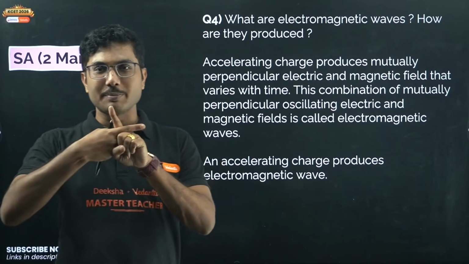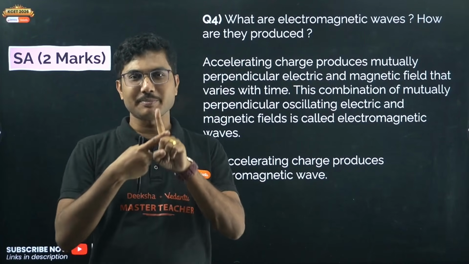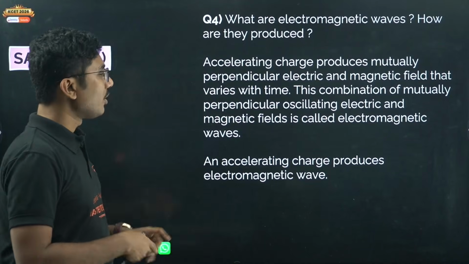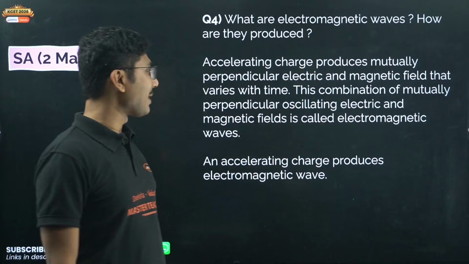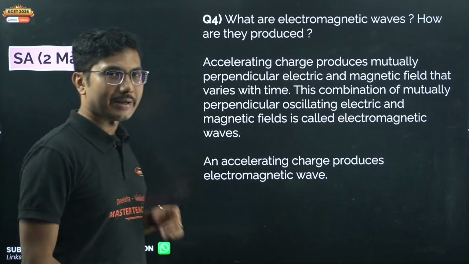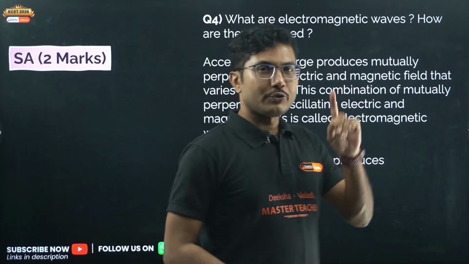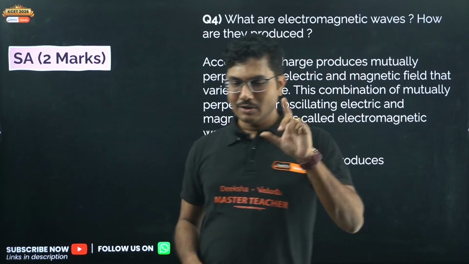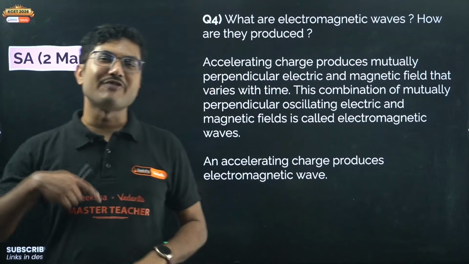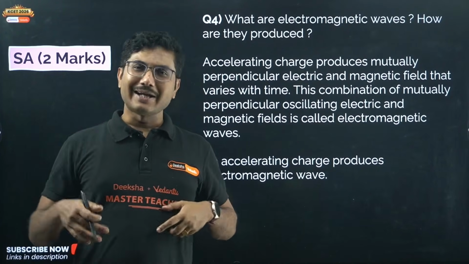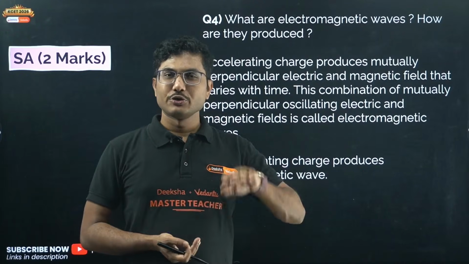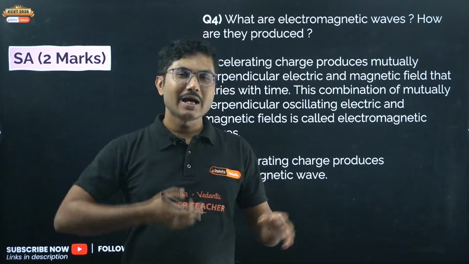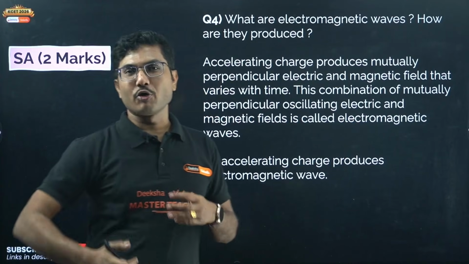Suppose electric field is in this direction, magnetic field is in the upward direction. This combination of mutually perpendicular oscillating electric and magnetic field is called electromagnetic wave. So basically, when the electric field is varying in this direction, varying electric field produces varying magnetic field as well, and in turn varying magnetic field will also produce varying electric field. So they keep on producing each other, and that's how they start progressing.